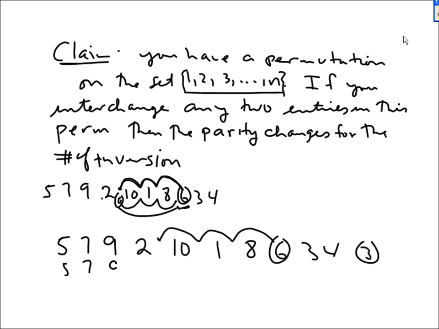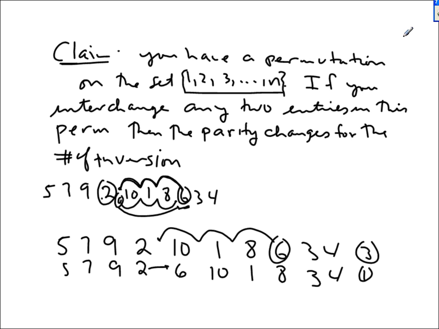So now let's put it there. You have 2, 6, 10, 1, 8, 3, 4. Okay. My goal is to switch the 2 and the 10. Sorry, the 2 and the 6. Now I do one move.